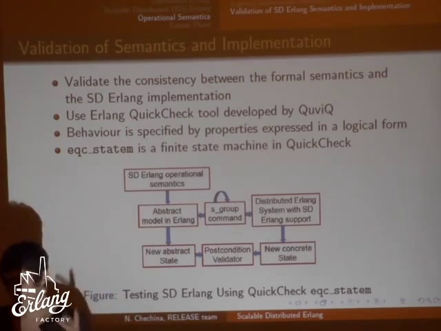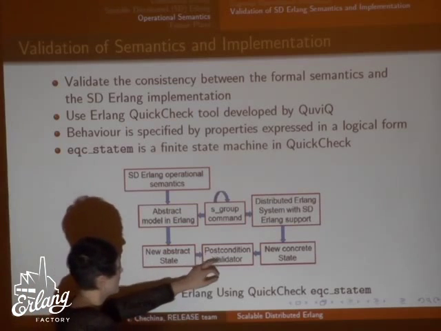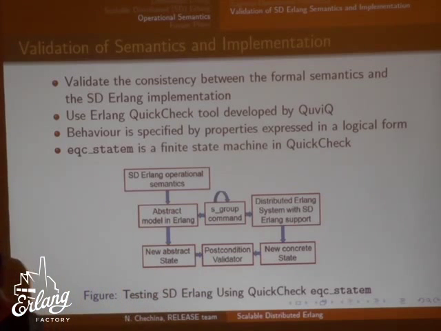And then we actually run the actual command. Then we get these two states and check whether they fit, whether they are the same. If they're the same, that's fine, the function works fine. If not, something is wrong. And actually, we identified a few problems with our functions this way.